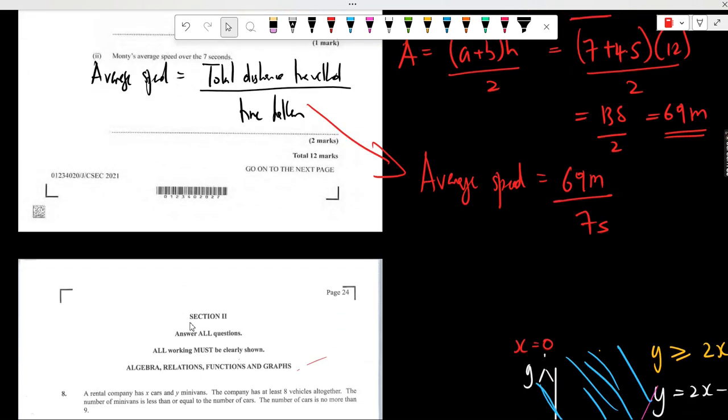And so 69 divided by 7: 7 times 9 is 63. That's about 9 point, what is 6 divided by 7? About 9.8 something. 9.86, sir. All right, so 9.86 meters per second. That is the average speed for the entire journey. And that's the end of the question there.